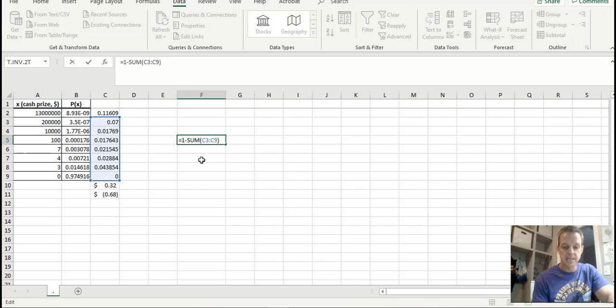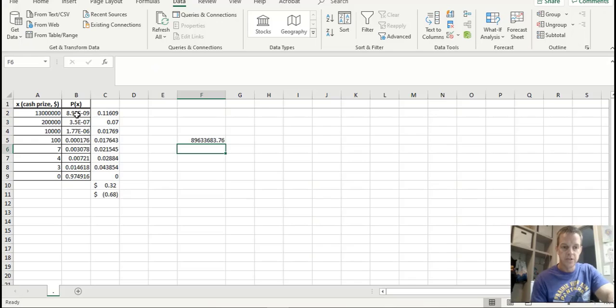Now what I need to do is take that, and I'm going to modify my formula and divide all of that by the probability of winning the grand prize. So if I go to the end of my formula here, I put parentheses around it so we can follow order of operations properly. I'm going to move over here and divide by that probability right there. You see we get the same number we got before.